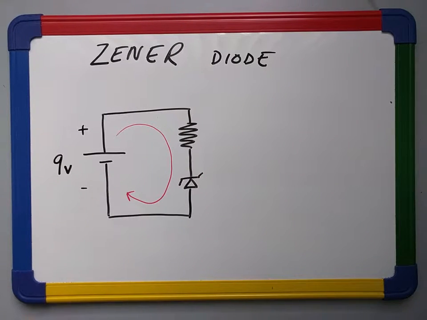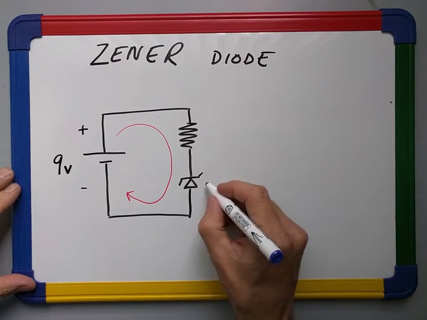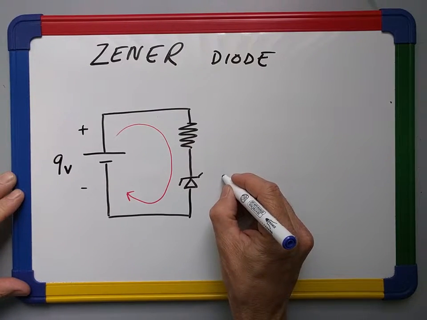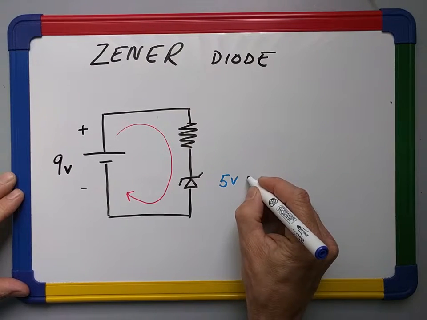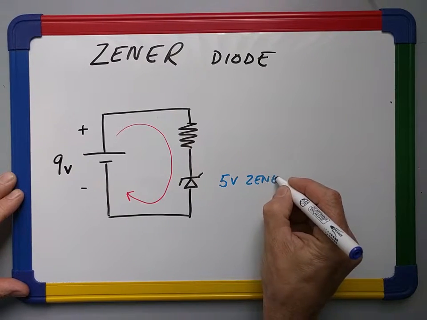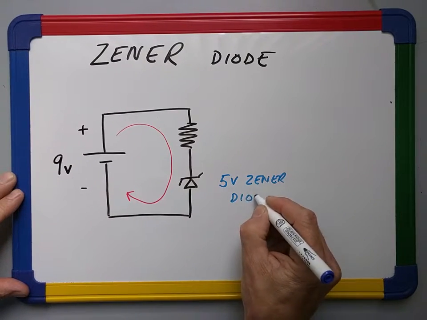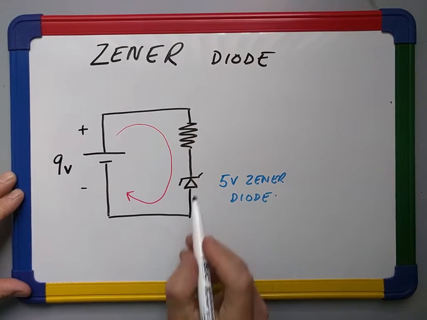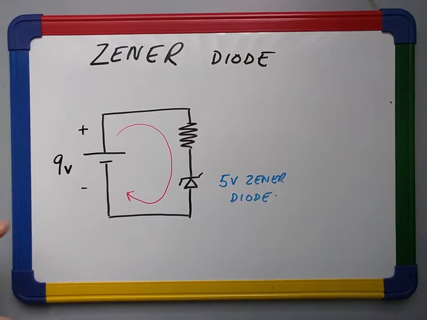Now, how do we know how high that voltage needs to be? Well, the answer is it's usually written on the side of the zener diode itself. So let's imagine this is a 5 volt zener diode, and that would be stamped in tiny writing on the side of the diode itself.